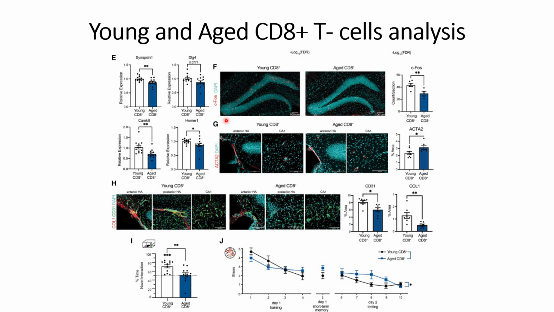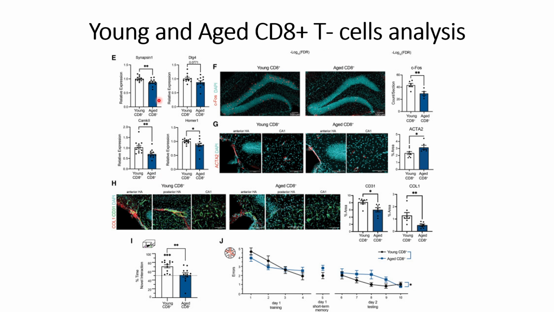when they are transduced into the mice, in a way that aged CD8 plus T cells show decreased brain response and also decreased learning through different results. One of them is the novel object recognition, and the other one is the learning and memory test.